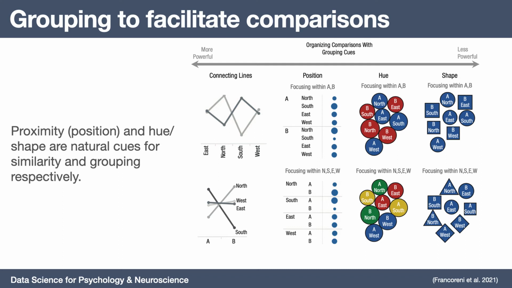Now shapes still allow for this discernment as well, but it's less easy for a visual system to extract these grouping differences in order to facilitate comparisons.